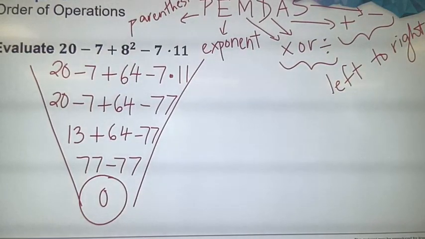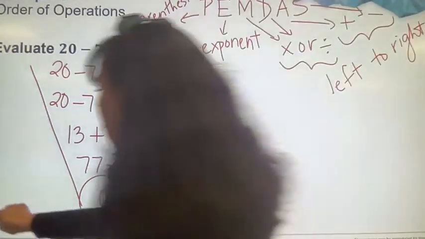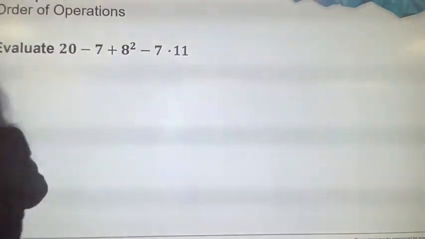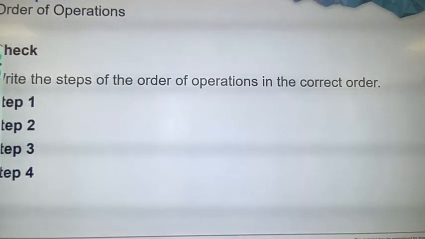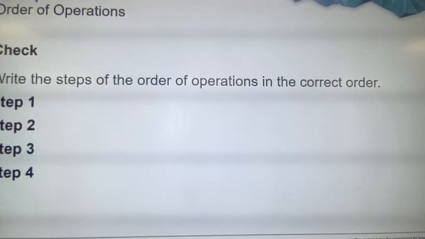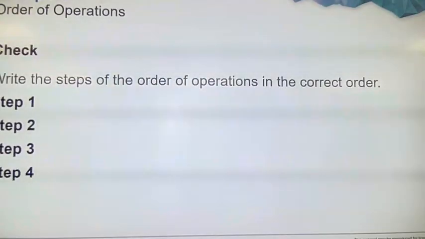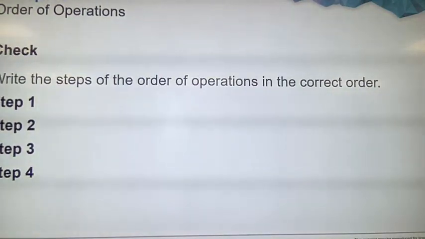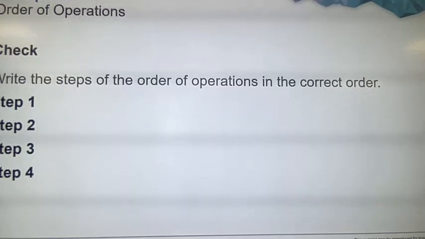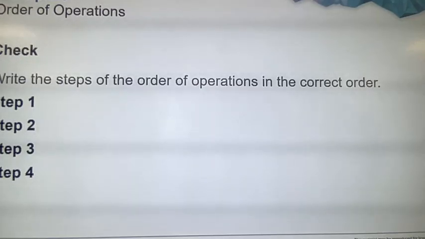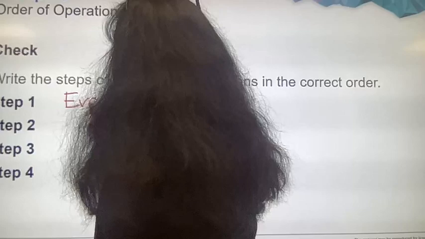All right. So let's go ahead really quick and discuss the steps which are required for order of operations in the correct order. So once again, what is the first step? So we are going to evaluate expressions inside grouping symbols.